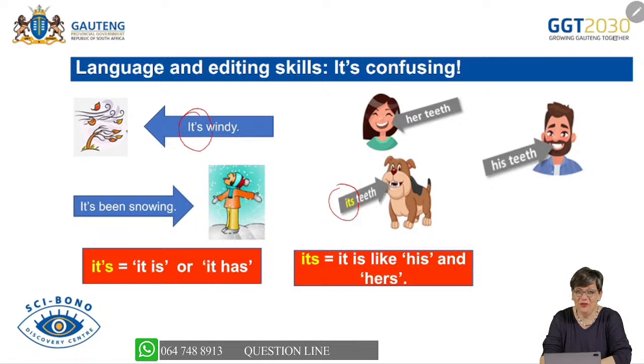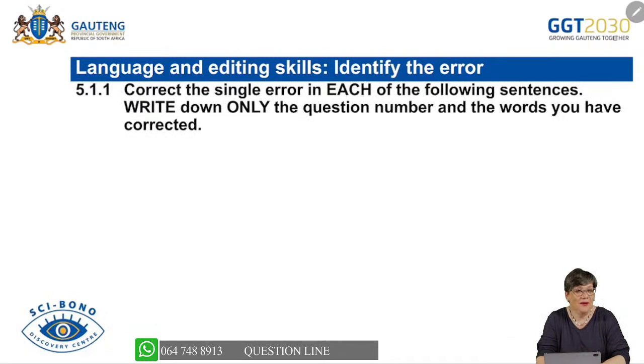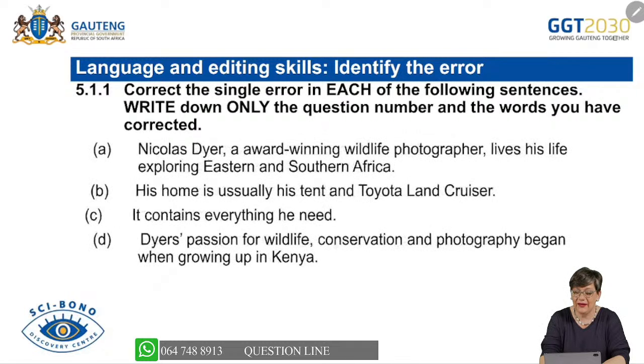Now, I hope you're ready. Remember we said paper question 5, paper 1 starts with the sentences in which you have to find the errors. Now, the instruction says very clearly, write down only the question number and the words you have corrected. So, here are 4 sentences.